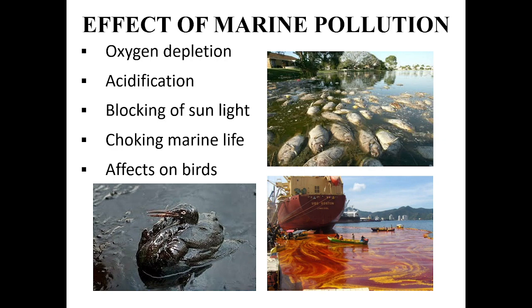So excessive oil can lodge water into their plumage or feathers. While preening, as they try to maintain the feathers, they are ingesting some amount of oil into their body, and because of that, organ failure or toxicity can be observed.